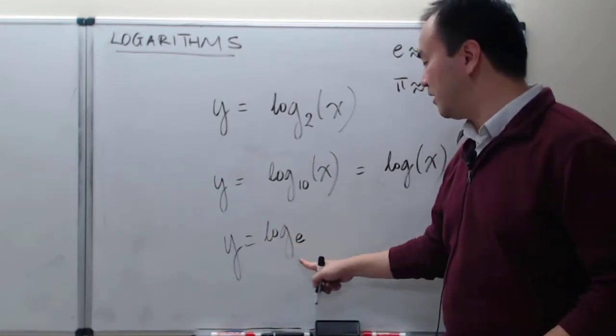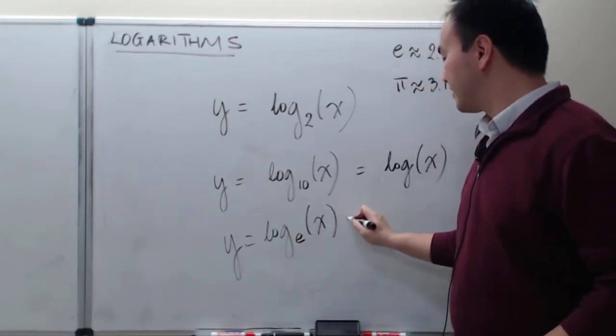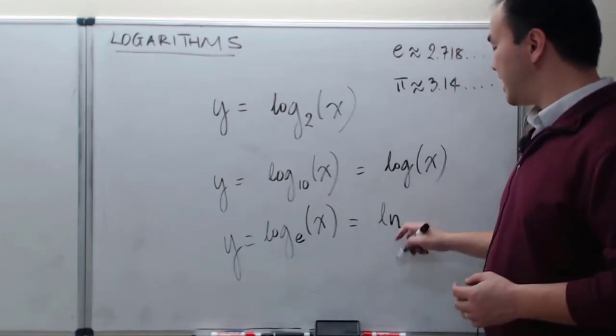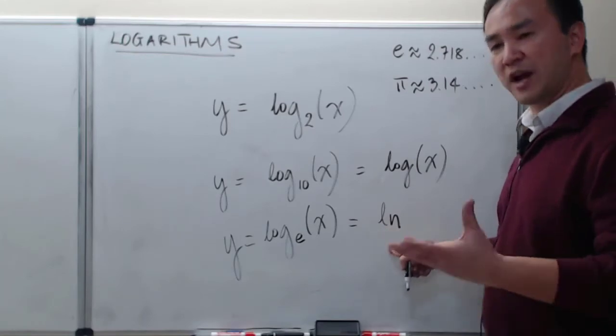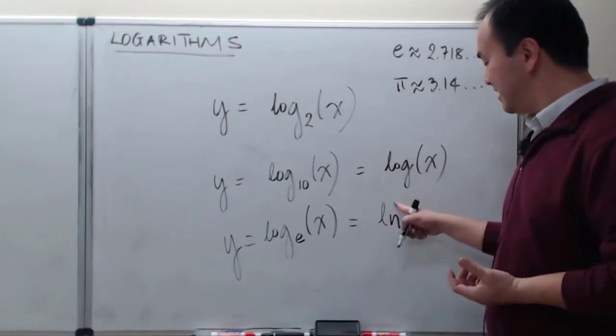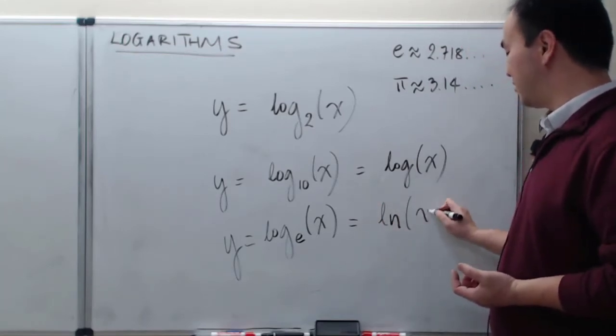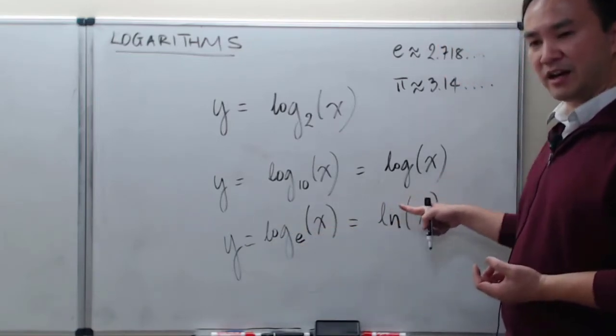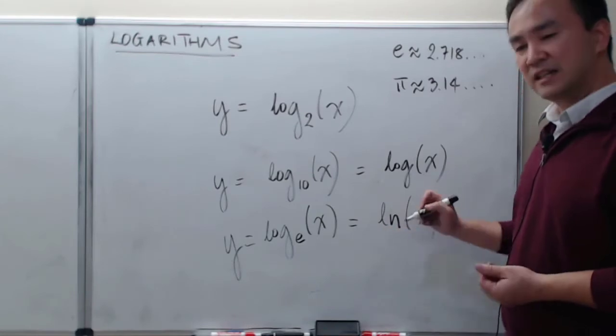And so we define log base e of x with a short symbol, ln, pronounced the natural log. So log base e, another way of writing that is ln of x, the natural log of x.